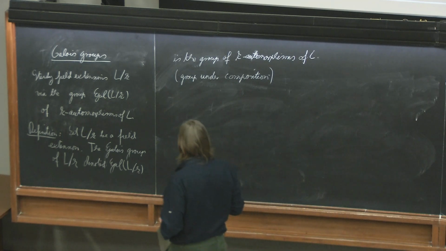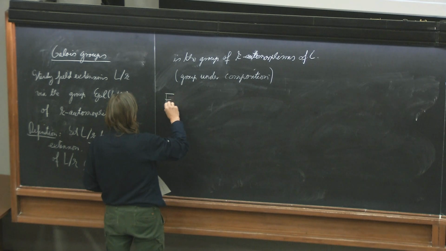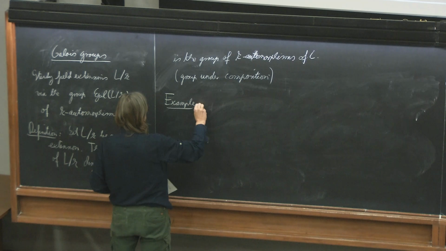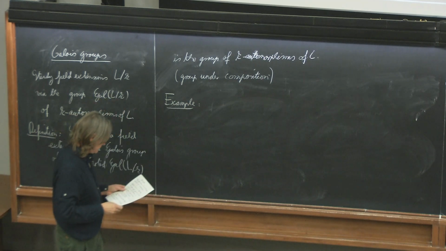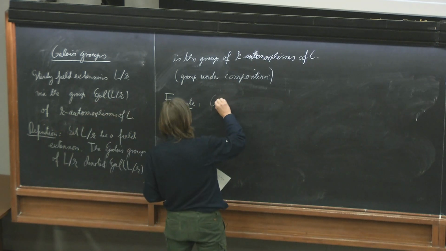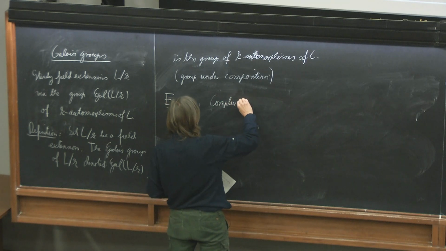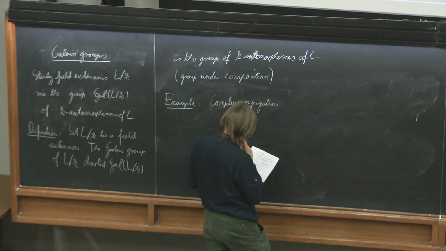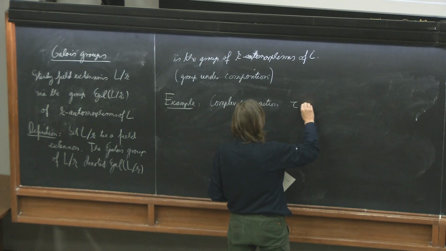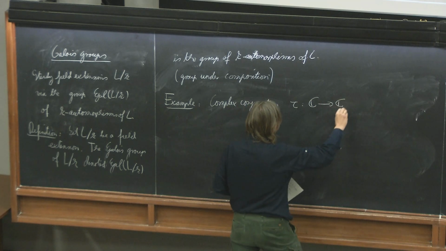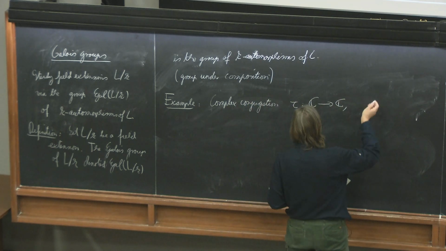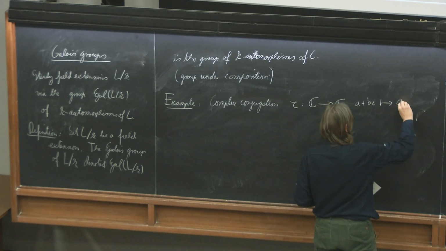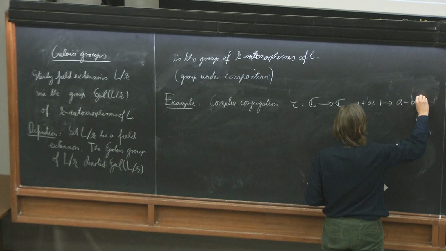So one example that everybody is familiar with from complex analysis, we have the complex conjugation. We denoted tau from the complex numbers to itself, which sends a complex number A plus BI to A minus BI.